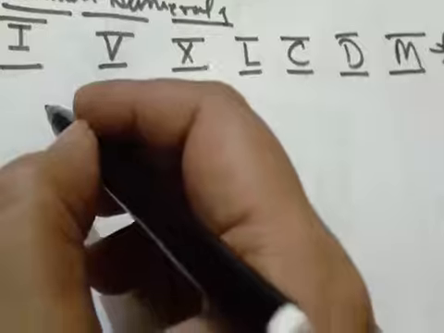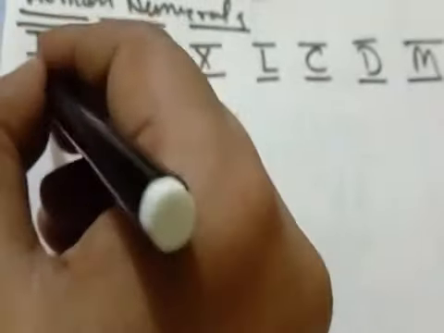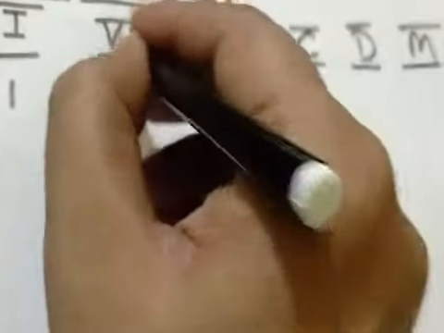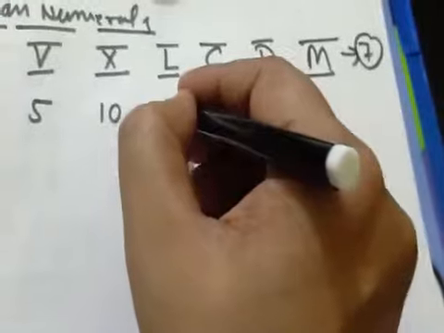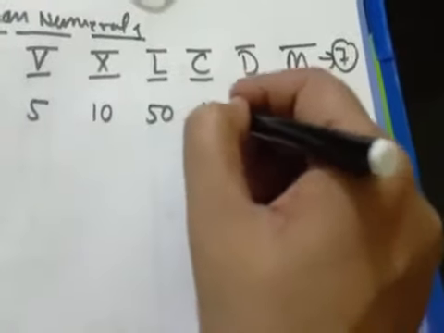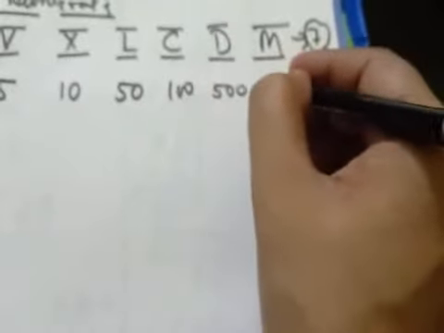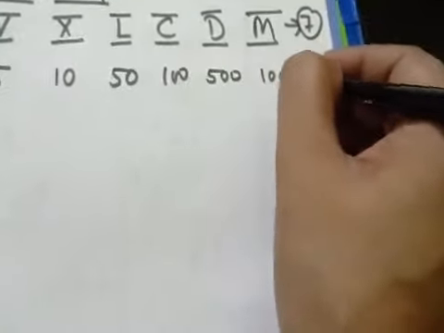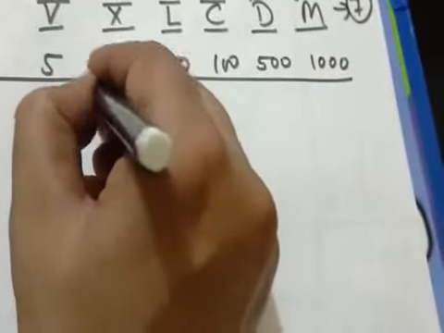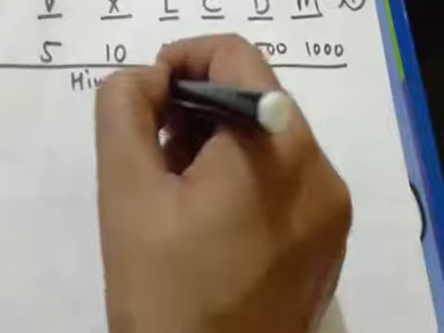Now what are their values in our Indian system? I is 1, V is 5, X is 10, L is 50, C is 100, D is 500, and M is used for 1000. These numbers are called Hindu-Arabic numerals.